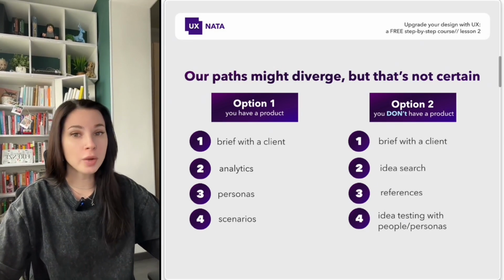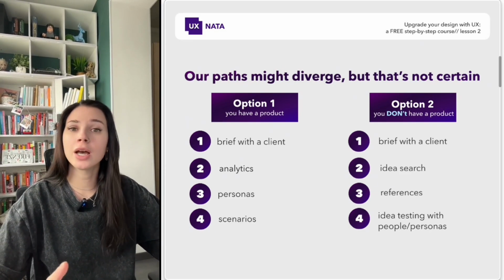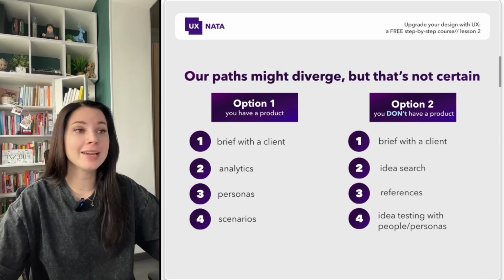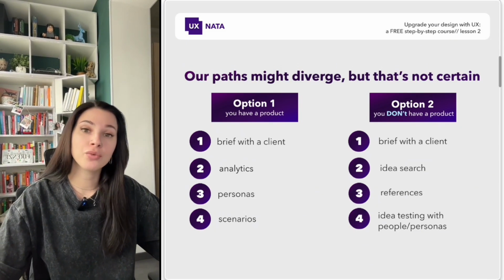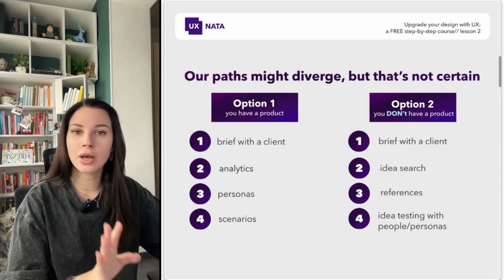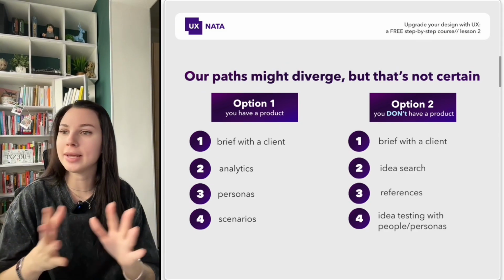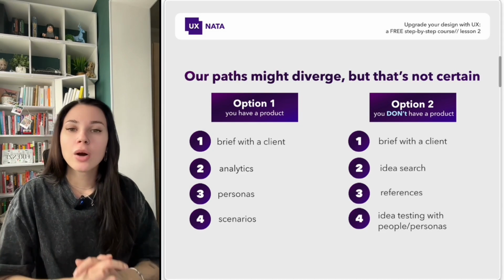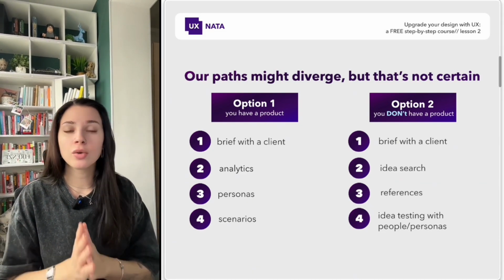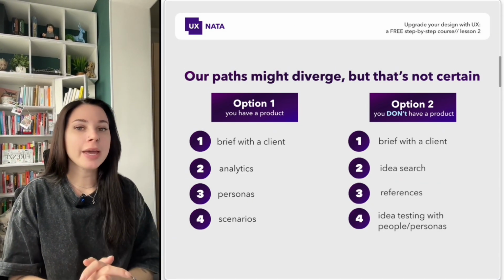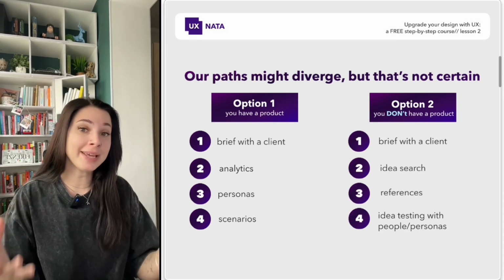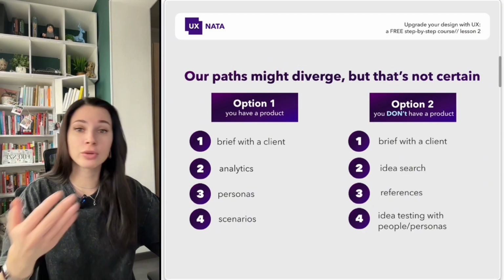Option two, if you don't have a product, the first step is the same. Brief with the client, then idea search. So, for example, you have a client who would like to create an app for, I don't know, sport people or meditation or anything like that. And of course, you have the main goal to create an interface for this app, for this website.